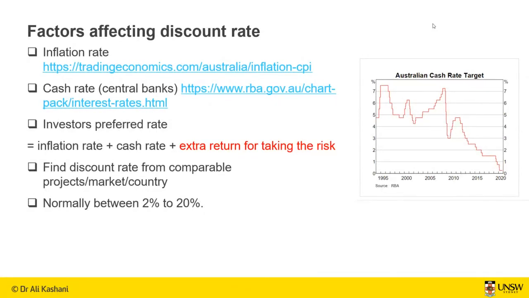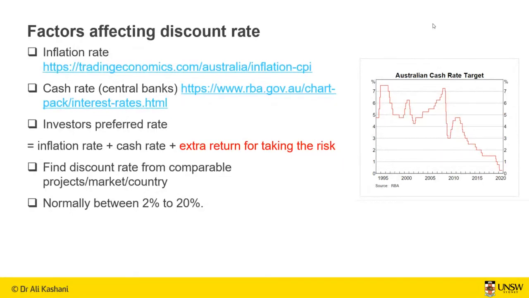For example, if the inflation is 5% or 10% or something like that, 10 years from now, with $100 you may not be able to afford the thing that you used to buy for $100.